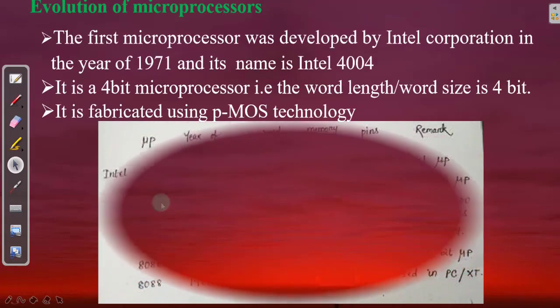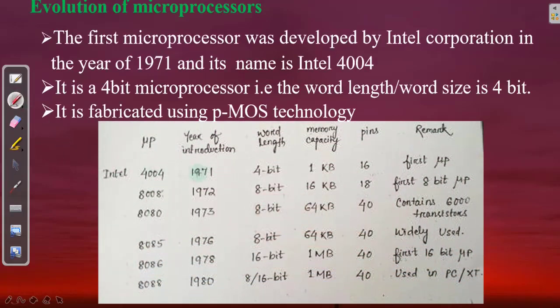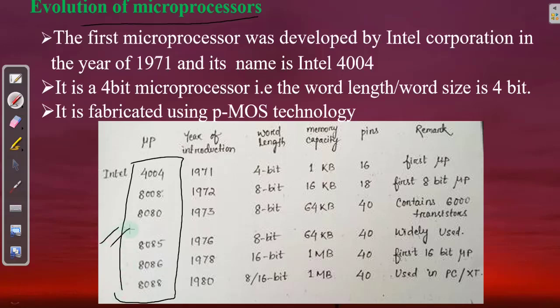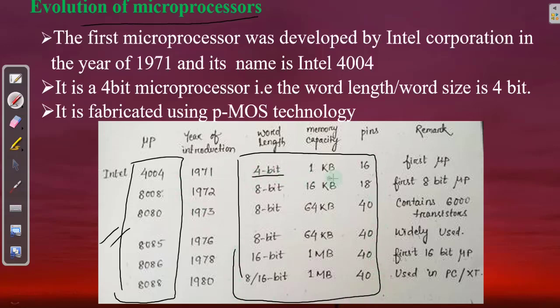Now this is from the exam perspective, I have kept here the evolution of microprocessor. In this you are requested to remember these many microprocessor names and their properties. You have to remember three properties: the word length, the memory capacity, and how many pins that microprocessor has.